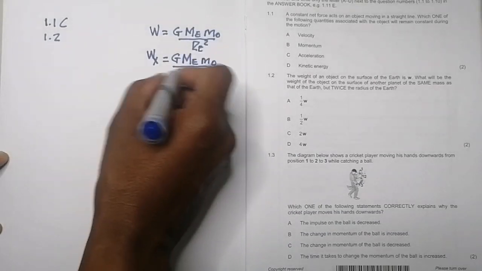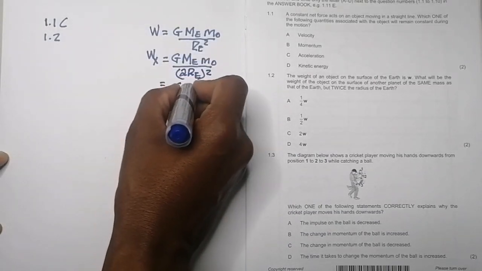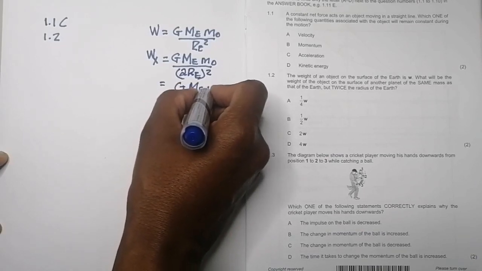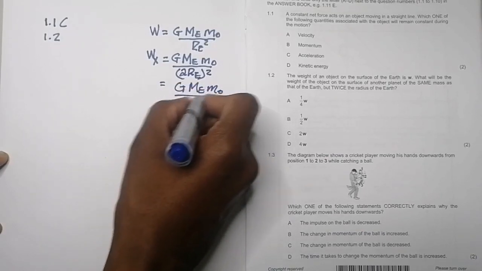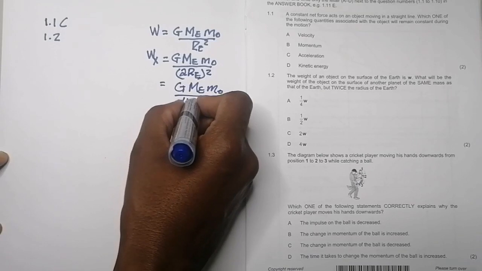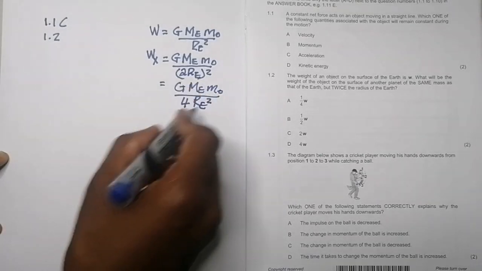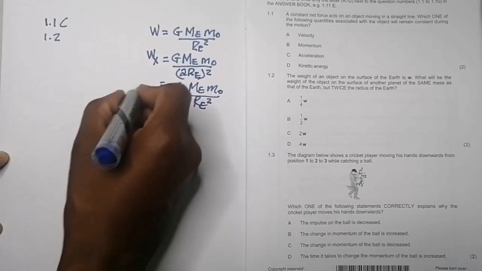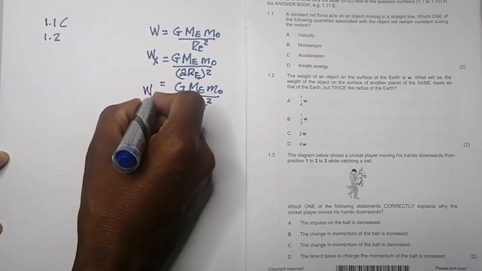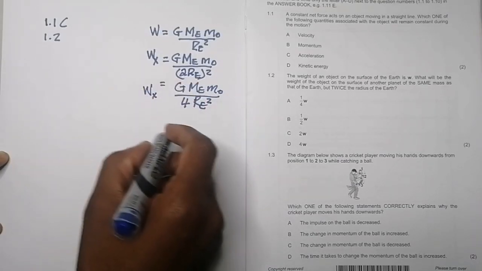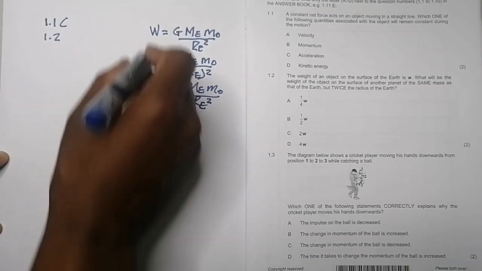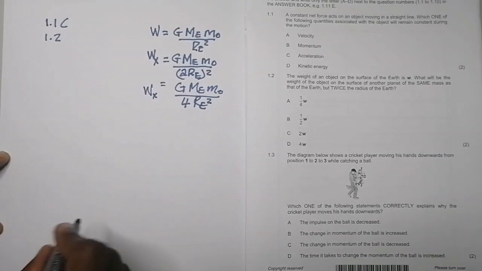So in this case, what does it do? We've got G, ME, and the mass of the object, over 4 RE squared. Now what we want to do is to relate this weight on planet X to the weight on the Earth, right?